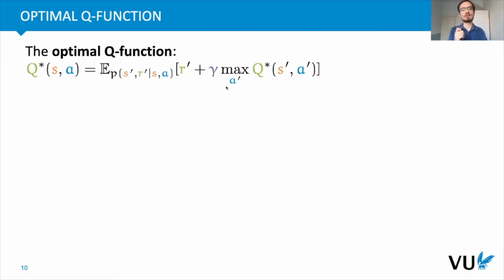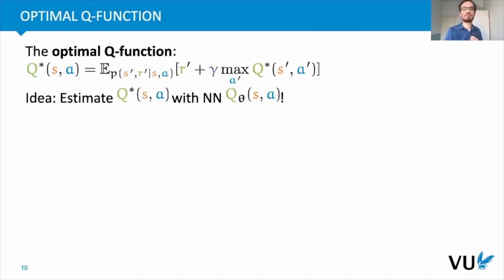So why is this recursion so useful? It basically means that we can test if we have an optimal Q function. Namely, if we have a function that exactly follows this recursion, then we know that it is the optimal Q function. And if we're looking for functions, then the obvious thing is to think about, can we find this function using neural networks? That's the idea here.